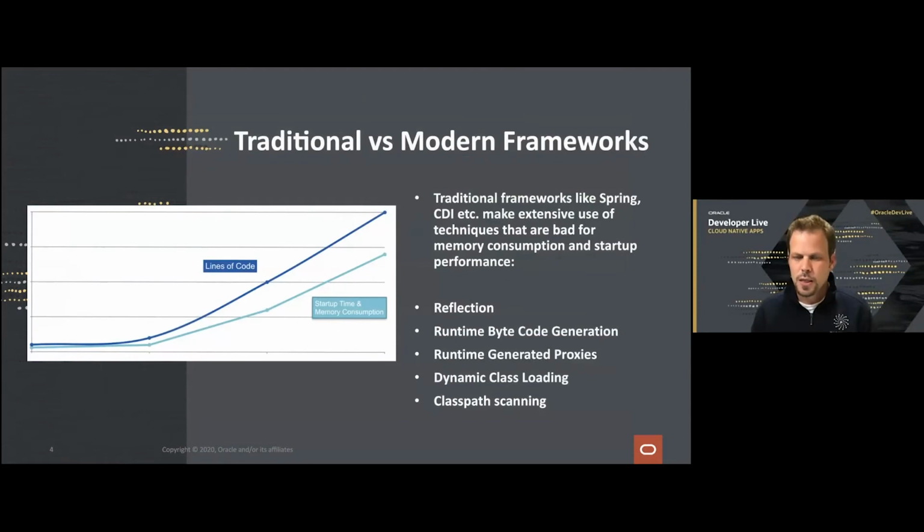And when you look at traditional tools that have been built to run on these traditional architectures, things like Spring, CDI, and so forth, they really make extensive use of techniques that are not great from a memory consumption and startup time perspective. Techniques like reflection, runtime bytecode generation, runtime generated proxies, and dynamic class loading essentially cause significant slowdown in terms of startup.